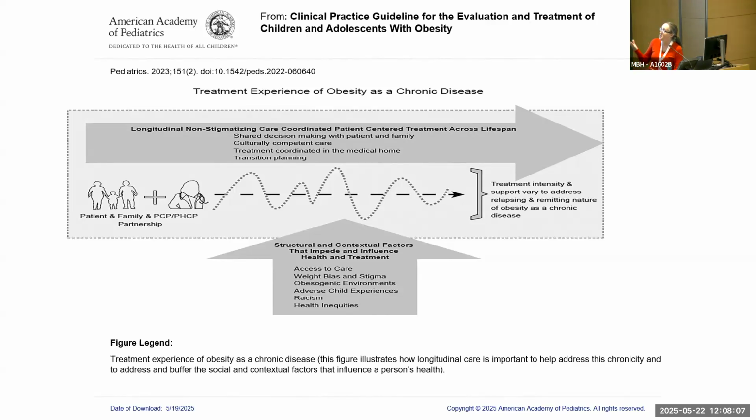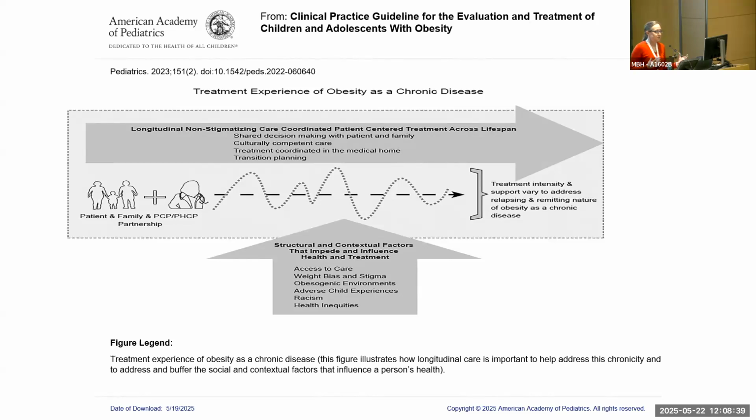I put this up because it models obesity as a chronic disease, with the need for treatment intensity and a variety of approaches, including shared decision-making with patients and families, culturally competent care, and a focus on stigma, structural factors, health inequities, racism, and adverse childhood experiences. So it's a very complex chronic disease.